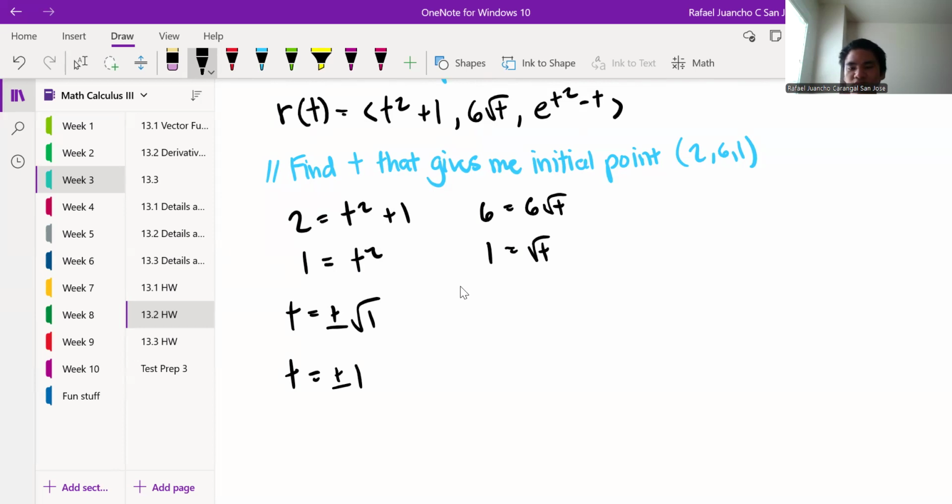And then here, let me think a bit. Here, if I plug in a 1, this works. If I plug in a negative 1, this doesn't work. But I could square both sides, and if I square both sides, I get t equals 1. And so we know that negative 1 here doesn't work.